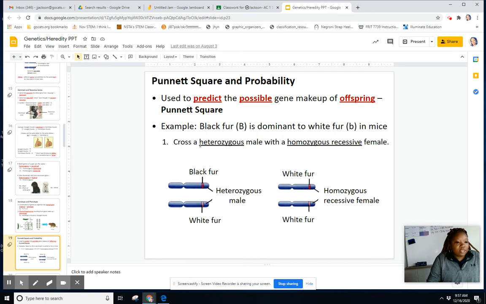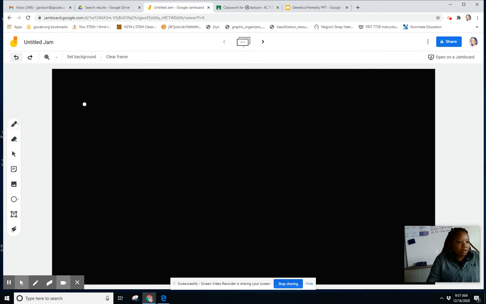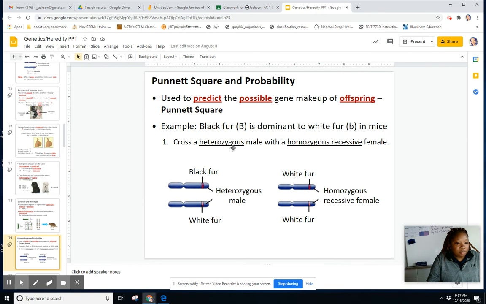And we're going to do a cross of heterozygous male. So heterozygous male is going to be big B, little b.